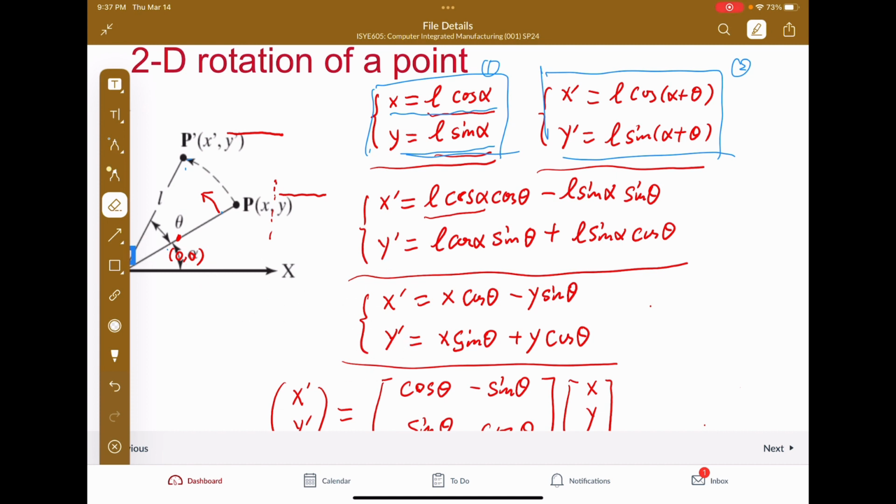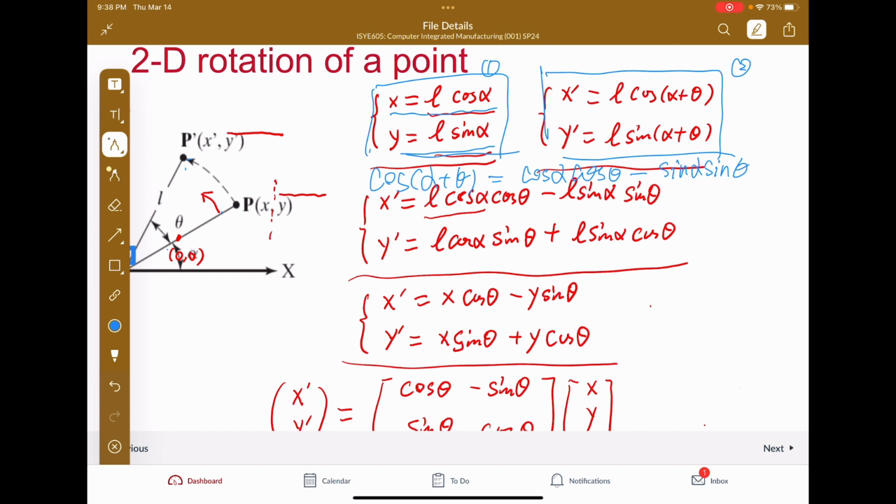So here, how to do this? First, you need to know an equation that cosine of alpha plus theta equals cosine alpha cosine theta minus sine alpha sine theta.